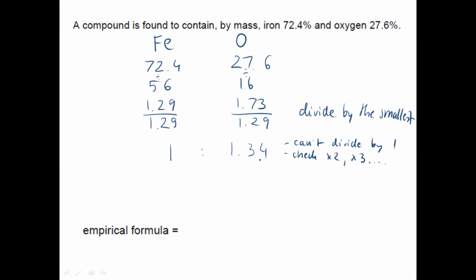I can see already that the ending is 3, 4, similar to 3, 3, 3, so times 3 should work. If I times it by 3, I get 3 in here, and 1.34 times 3 gives me 4.02. This is good enough to round off, because it's the second decimal place. So the ratio is 3 to 4.